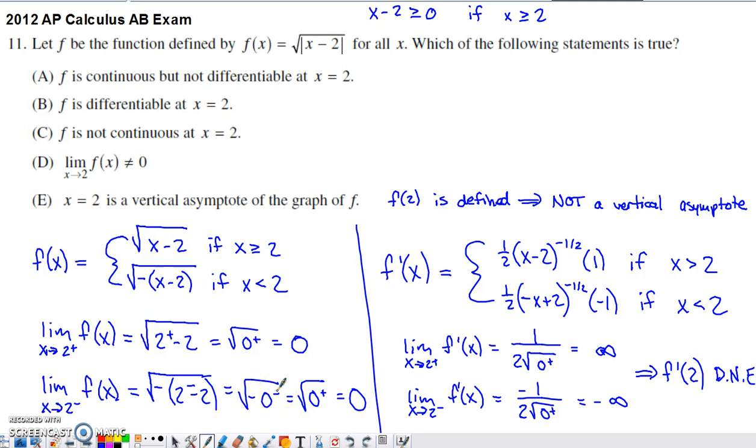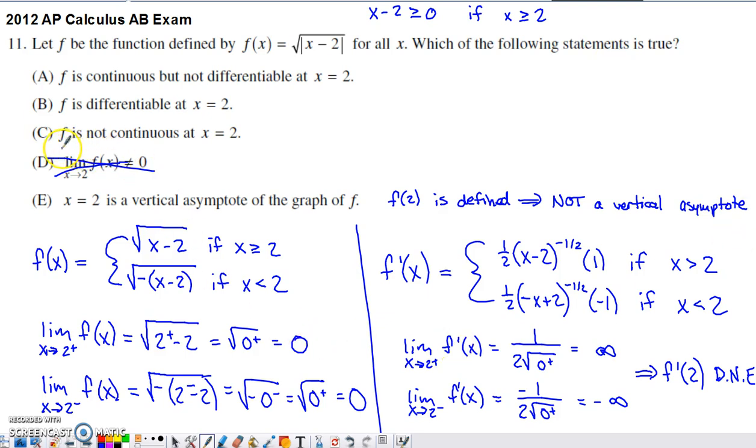Now that would normally be an issue underneath the square root, but when we're on the smaller side of 2, we'd be satisfying this inequality statement, so we have this negative sign that's going to take that number that's slightly negative and turn it into a positive. And once again, the square root of a number that's tiny and positive is going to be approaching 0. So the limit does exist. The limit equals 0, so we can safely rule out choice D since that statement is true.